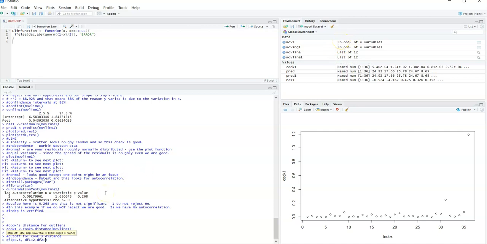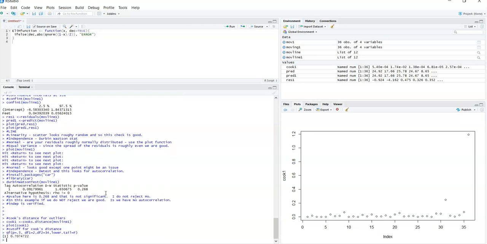So we would do 36 minus k, so that's 35, minus another 1, so 34 is our degrees of freedom. And then we typically set lower.tail to FALSE when you're doing the qf, the quantile function for the F distribution. We get an answer, and that cutoff would be 0.707.